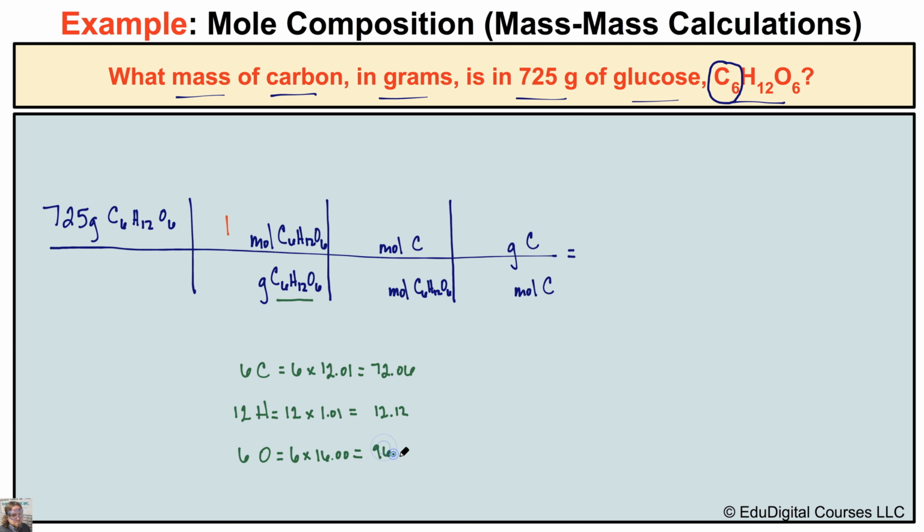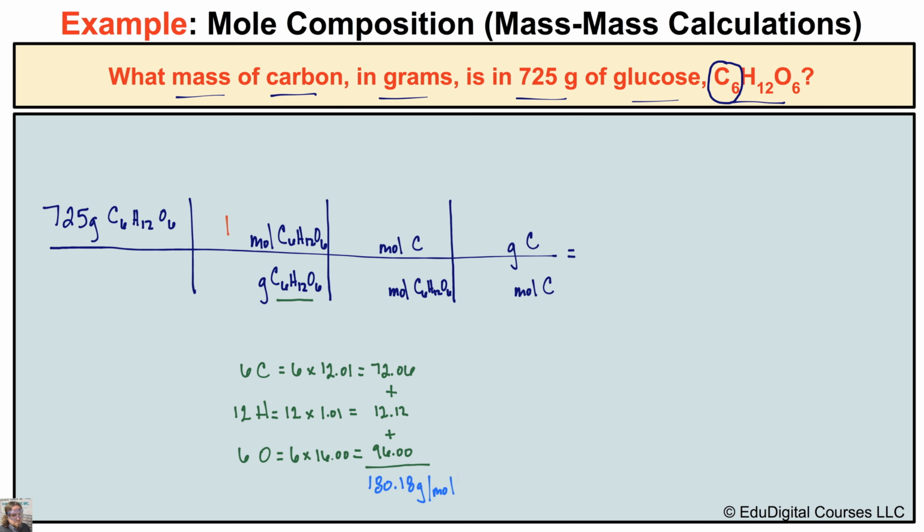This is going to give us 96.00. And so now we have to add these values up, and what we're going to end up with is 180.18 grams for every mole.